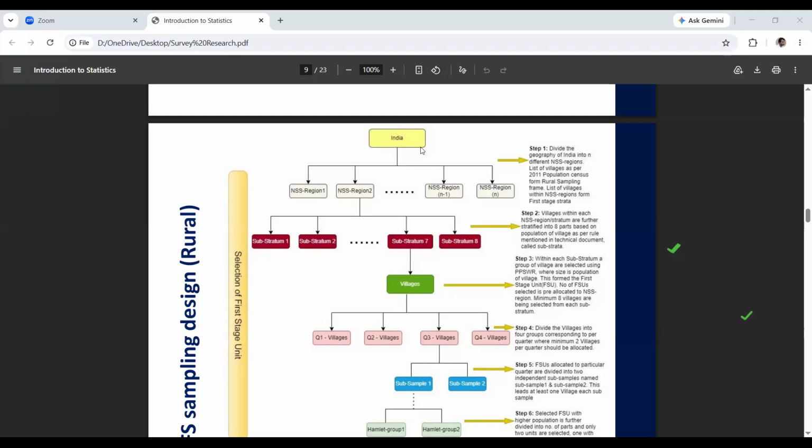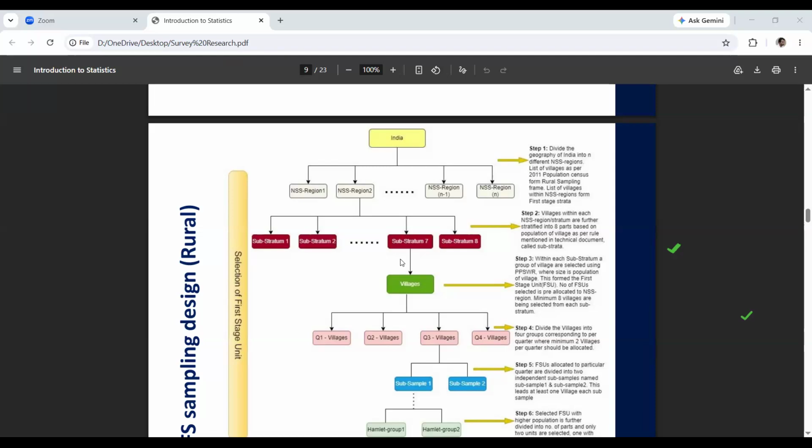So in Bihar, there are two NSS regions, North Bihar and South Bihar. North Bihar is to the north of the Ganges, and South Bihar is to the south of the Ganga River. So around 88 NSS regions are there, and sampling is done at NSS region level. So estimates could be representative at NSS region level.